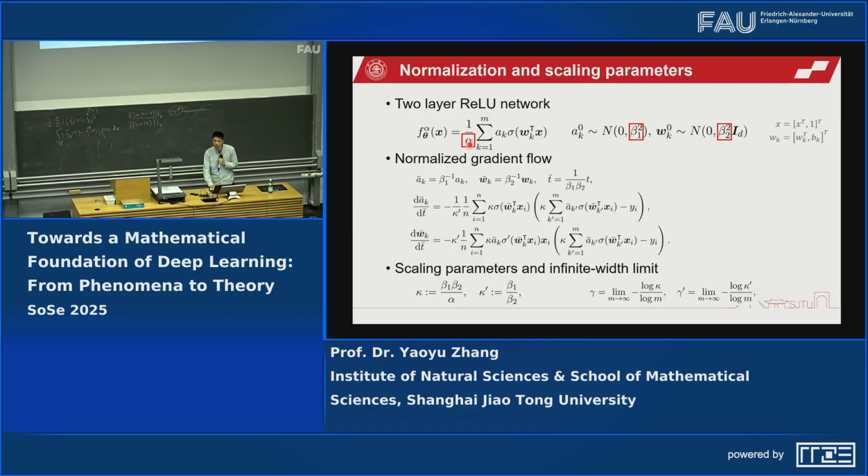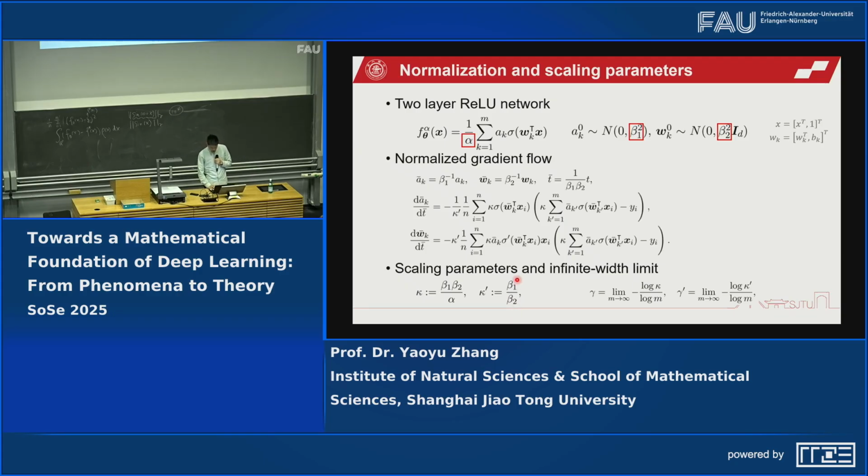So the scale of each neuron is beta 1 times beta 2 divided by alpha. So that is the meaning of this kappa. And then what is kappa prime? It tells you how the first layer is different from the second layer. We call this WK the parameters of the first layer, and this AK the parameters of the second layer. So this beta 1 over beta 2 tells you the heterogeneity among different layers.